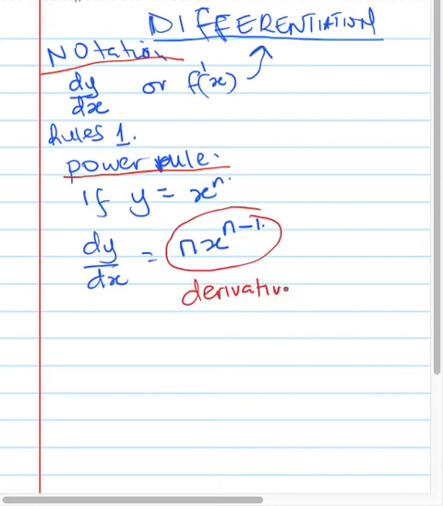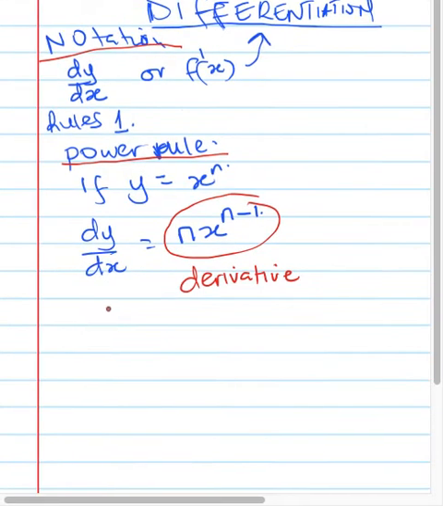Just like the answer you get after multiplying two numbers is called a product, the answer you get after differentiating a function or an equation is called the derivative. I hope that you're understanding this. We shall talk about an example quickly and see how that rule applies. It's called the power rule.